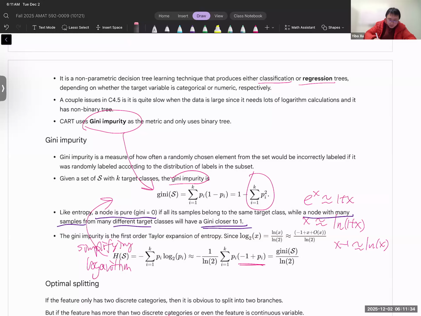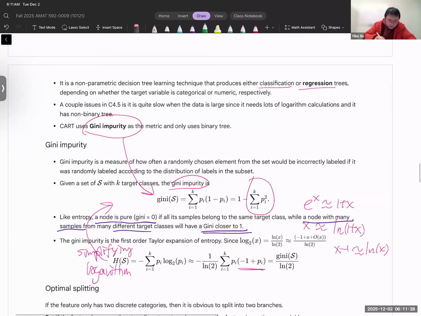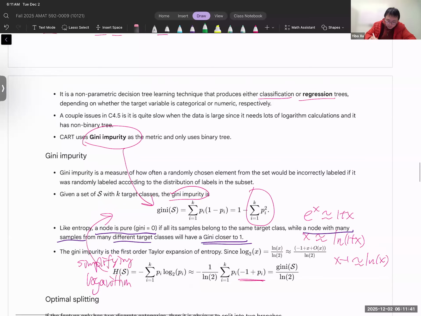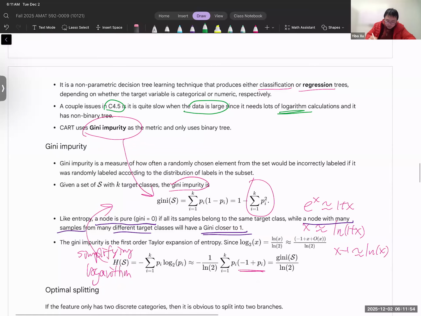It's much cheaper in terms of computation. When the data is large, the issue for C4.5 is that there are too many logarithm calculations. So this is a sort of linearized computation.